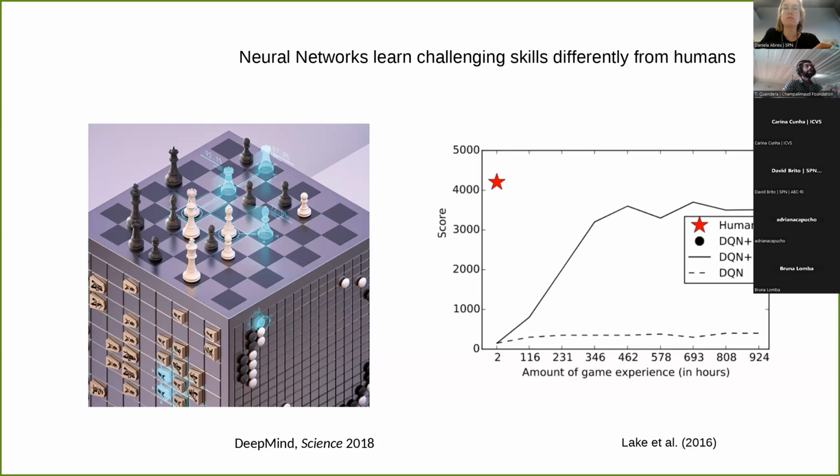That can be explained by a multitude of factors, but one of them is that we as humans are constantly exposed to priors. We have a lot of experience with the types of games before we are tested on them, and we also have the ability to generalize across different types of games, which these artificial neural networks struggle a bit with.